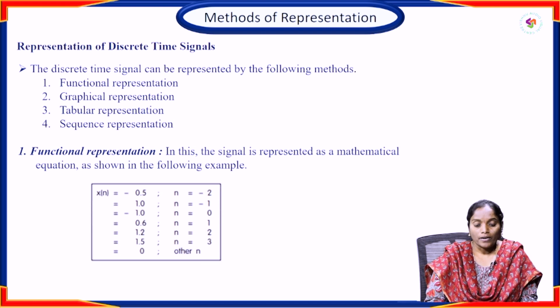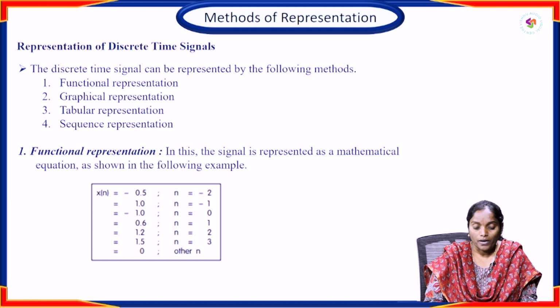I will provide one example. See this example: x of n, amplitudes are provided along with the corresponding time index. At n equal to minus 2, the amplitude is minus 0.5. At time index minus 1, the amplitude is 1.0. At time index 0, the amplitude is minus 1.0.